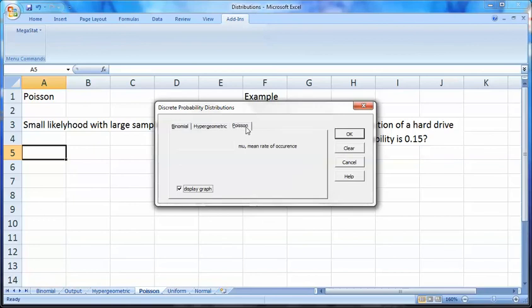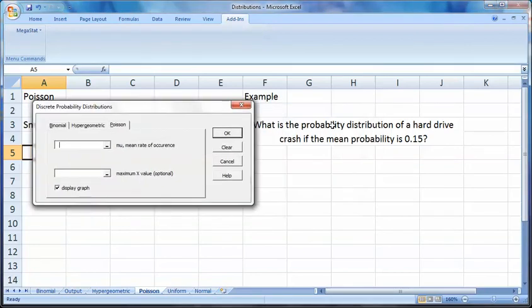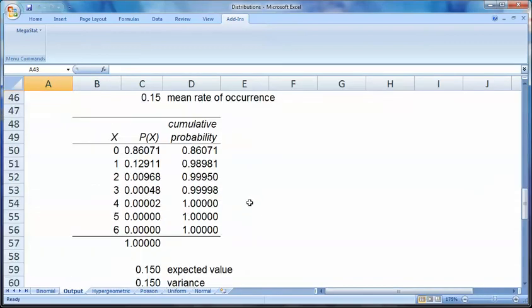Clear everything out, go to Poisson, and we say, okay, what is the mean rate of occurrence? Well, 15%, so 0.15. Now if there's a maximum value and we know it, we can put it in there, but it's not necessary, so I'm going to leave it blank and push OK. It gives us a nice little output, meaning 86% of the time you're going to get 0 failures.